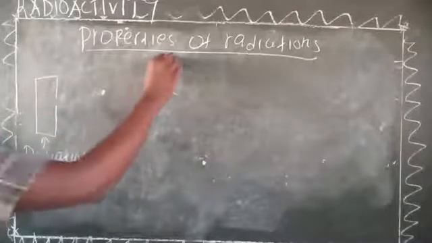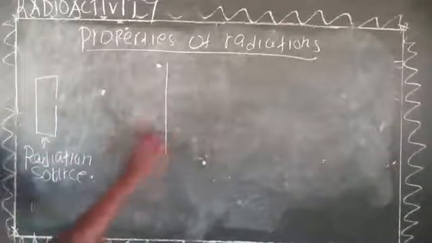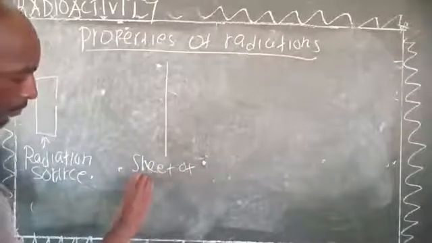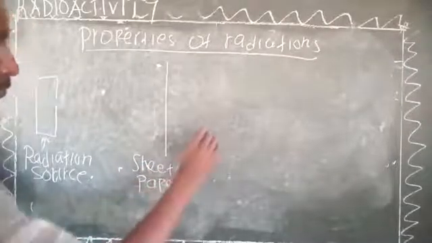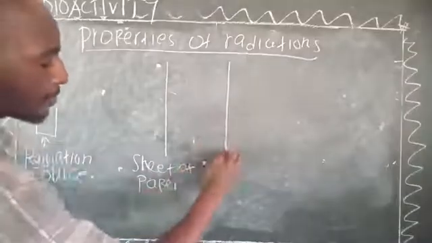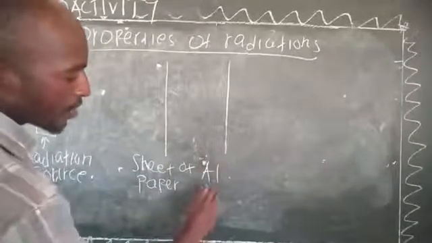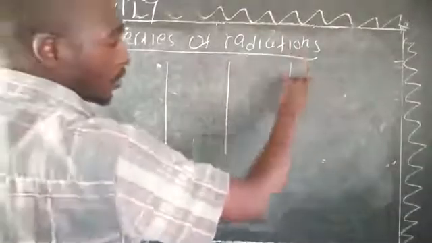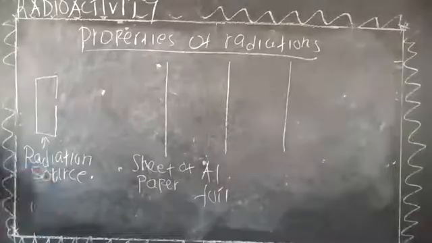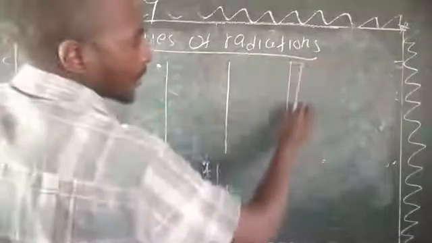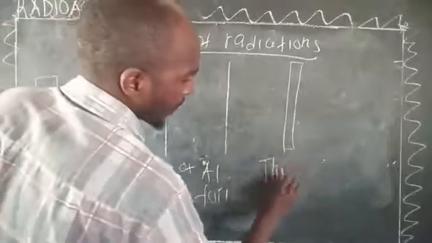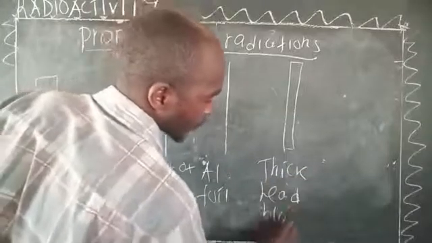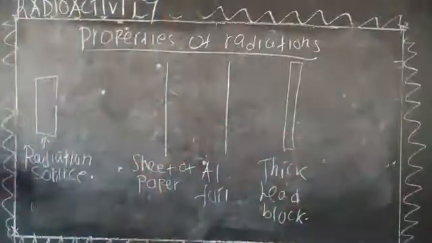We will also have a sheet of paper, and here we will have aluminum foil, and we will also have what we call thick lead block.